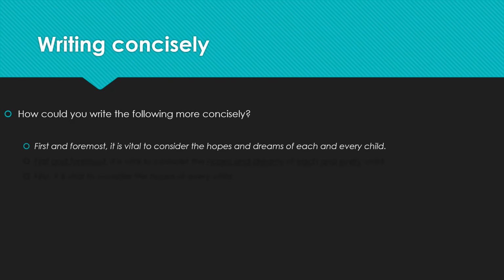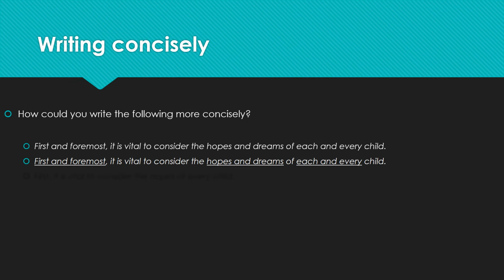Can you identify the changes we should make? There are 3 redundancies that use synonyms, specifically foremost for first, dreams for hopes, and each for every. So a more concise sentence would be, "First, it is vital to consider the hopes of every child."